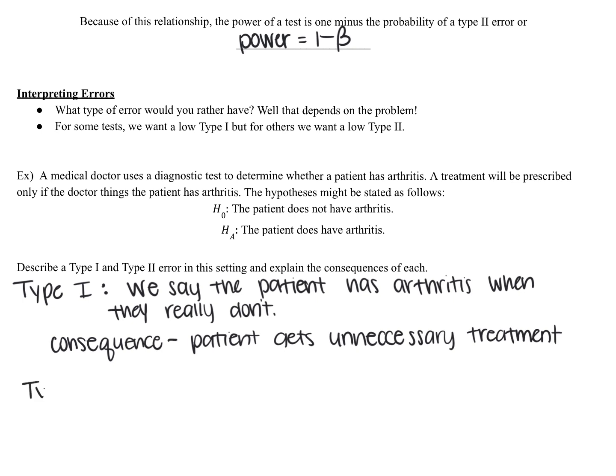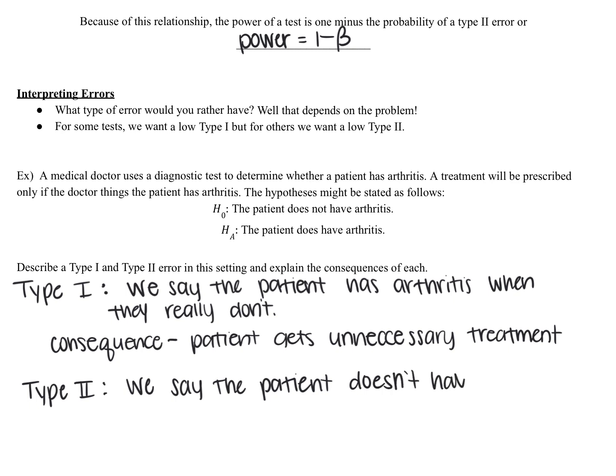Our type 2 error, which is failing to reject when you should have rejected, is you say the patient doesn't have arthritis when they do.